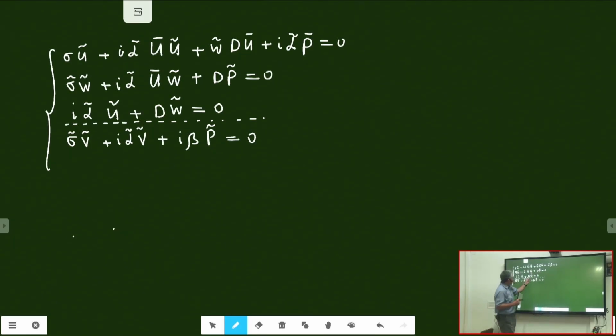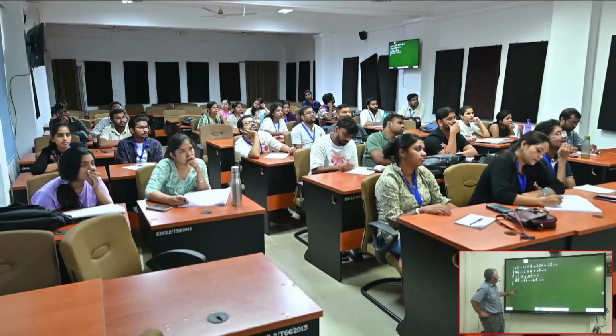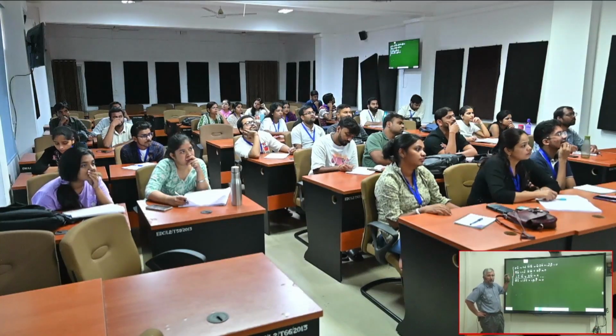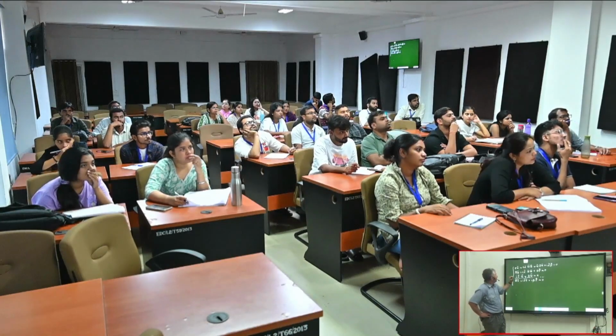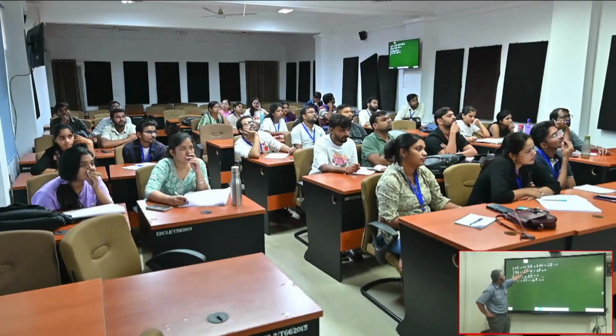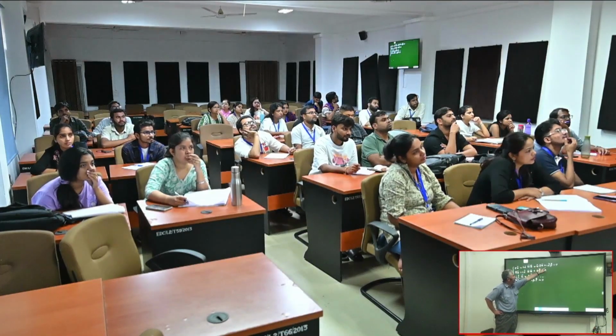Now, why did I put this dashed line here? Can you explain why? What variables are included in the first equation? What is unknown here? u tilde, w tilde, p tilde.